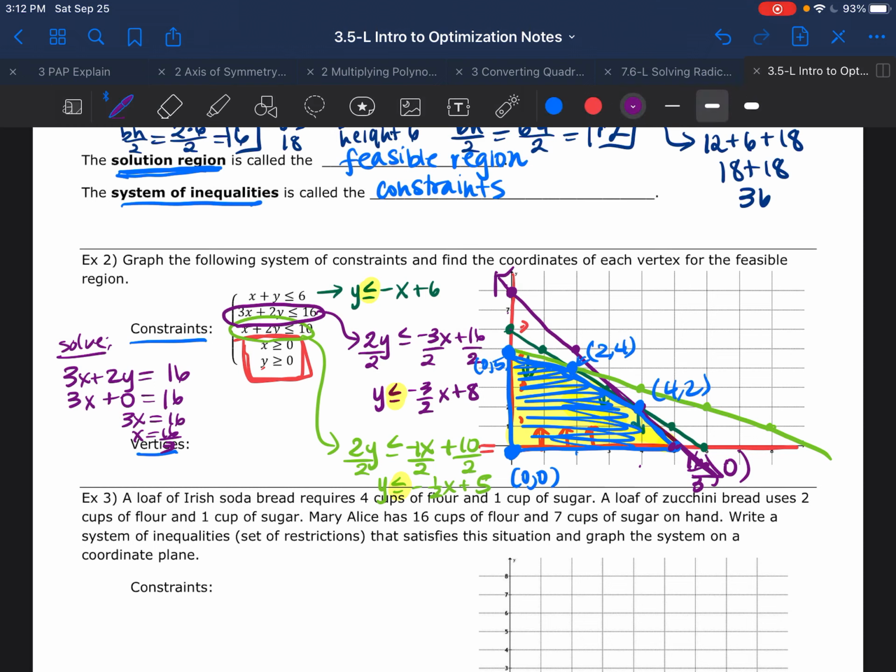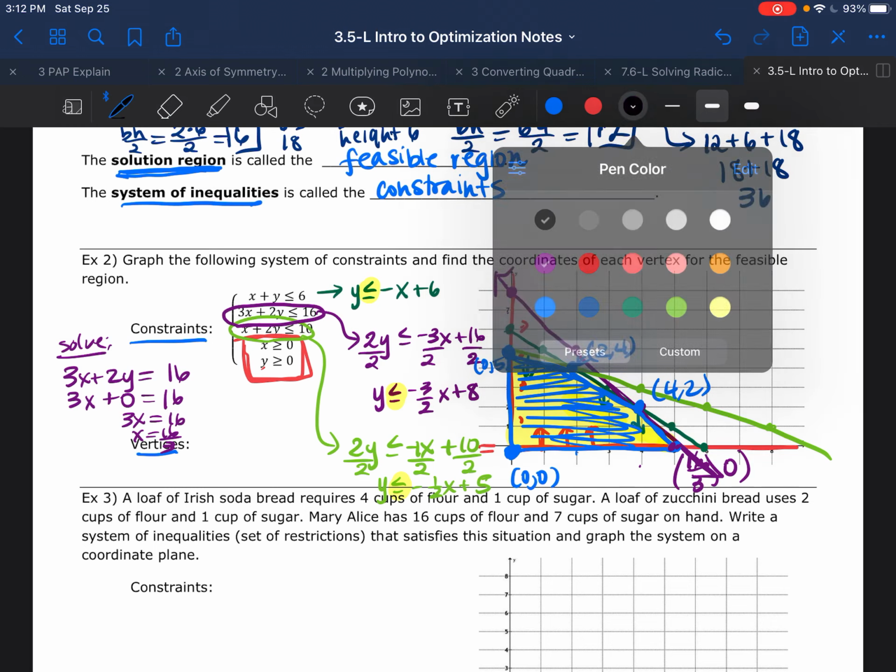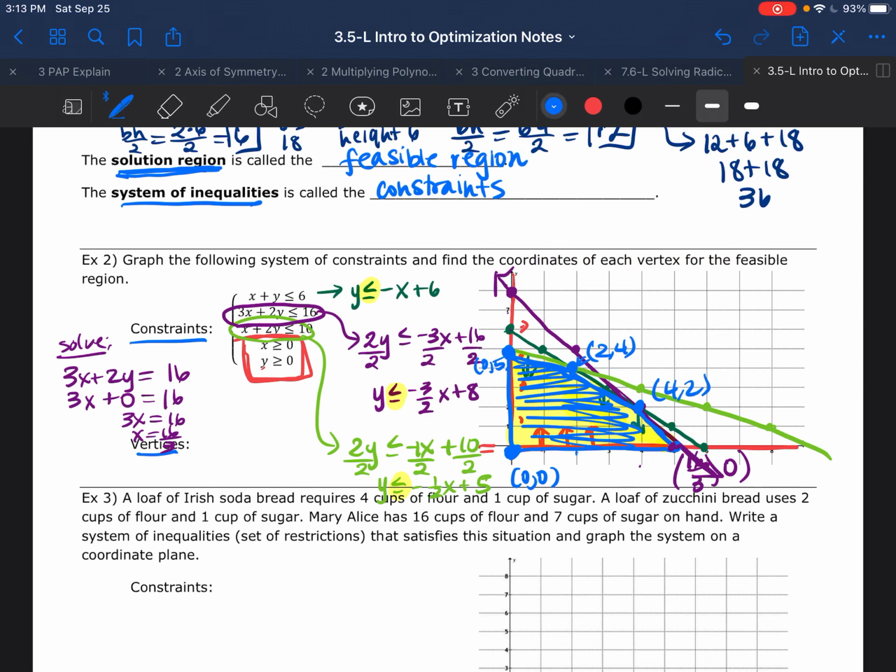I guess I'll leave that purple, it's fine. Okay, and so to list our vertices, let's use blue. We have 0, 0, 0, 5, 2, 4, 4, 2, and then that hard one, 16/3, comma 0.